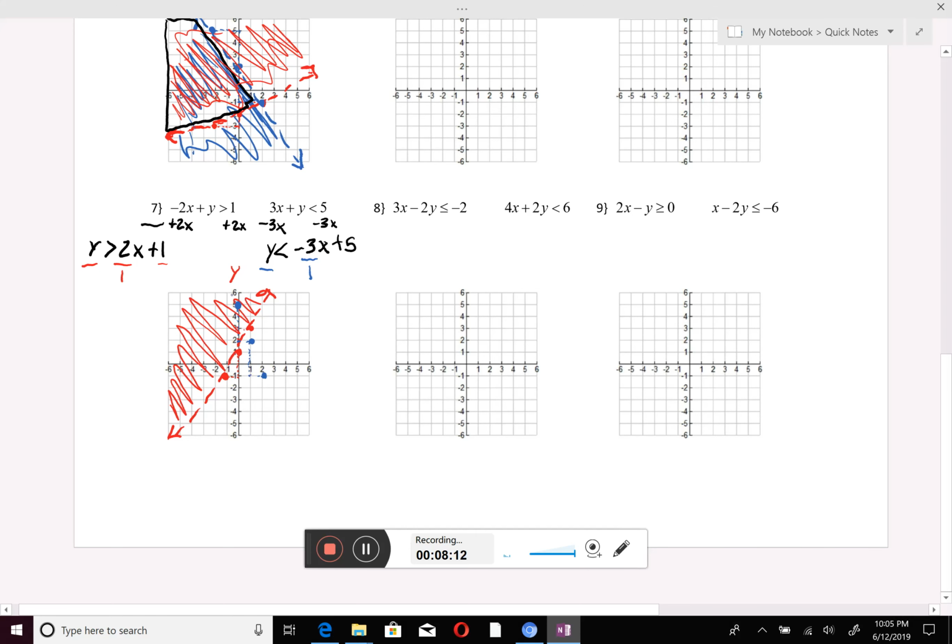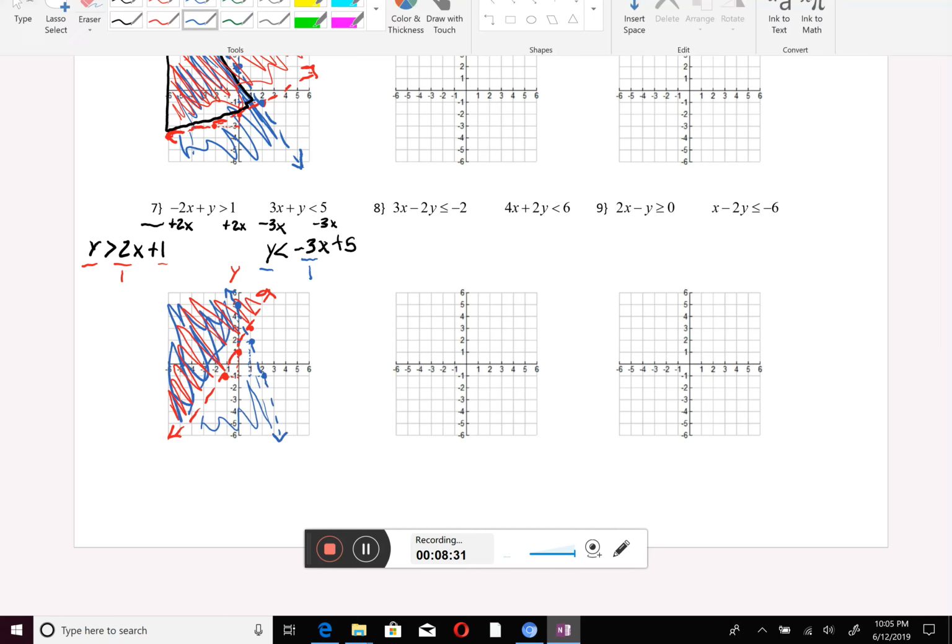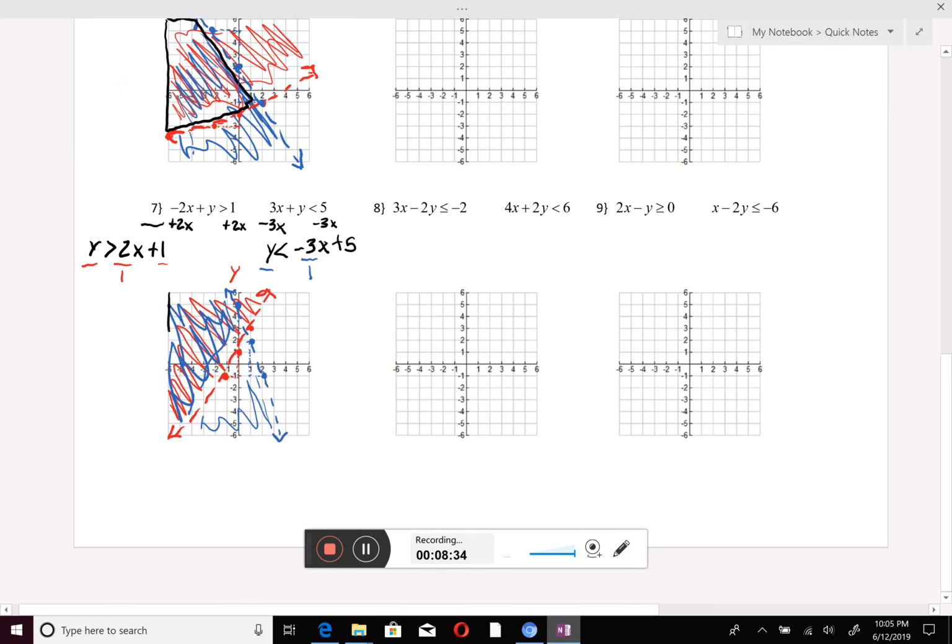And once again, it'll be a dotted line. And it's less than, so everything below. So I could shade here, but I notice my red's already here. So that's where I notice my solution area will be. So right here.